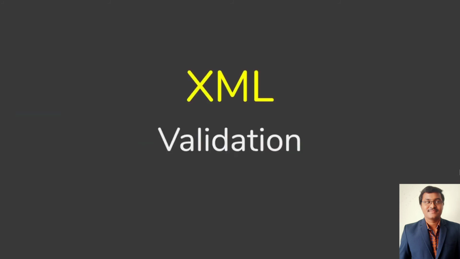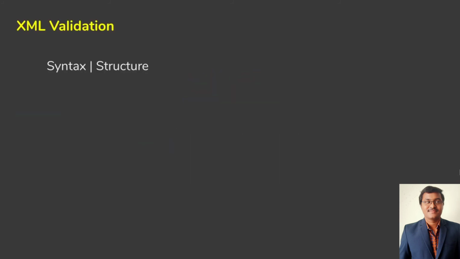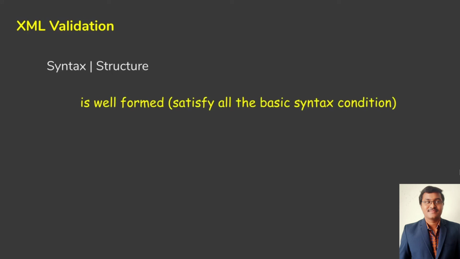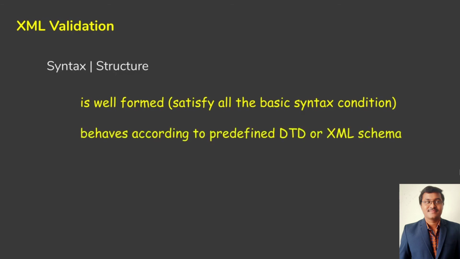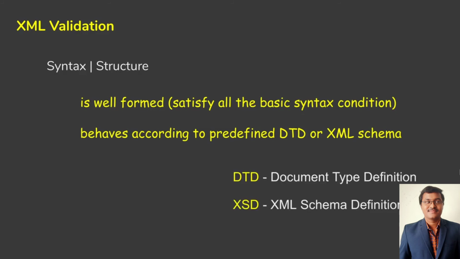Now if we talk about XML validation, when we talk about validation, we are validating the syntax and the structure of our XML message. So we check that the XML is well formed, that is, it satisfies all the basic syntax and rules and conditions, and then we can also check our XML against some predefined schema, which can be a DTD, that is document type definition, or can be an XSD called XML schema definition.